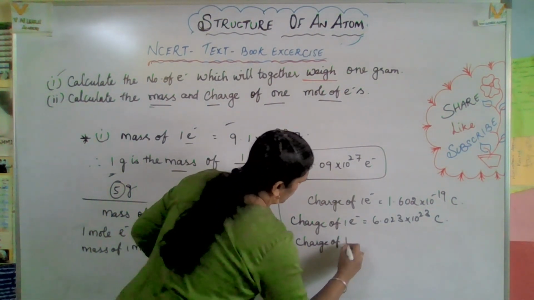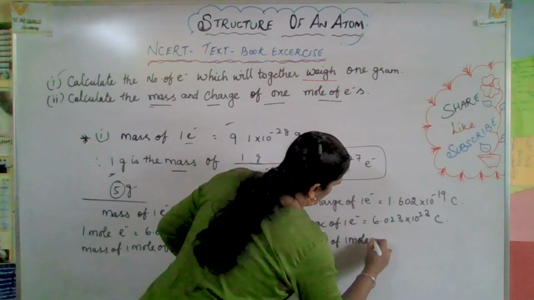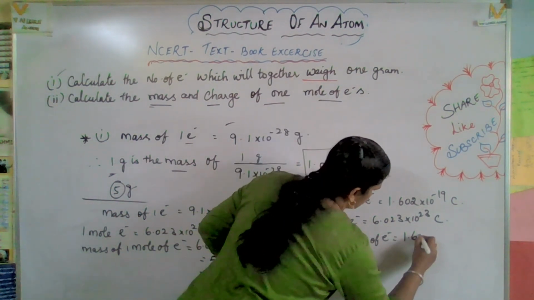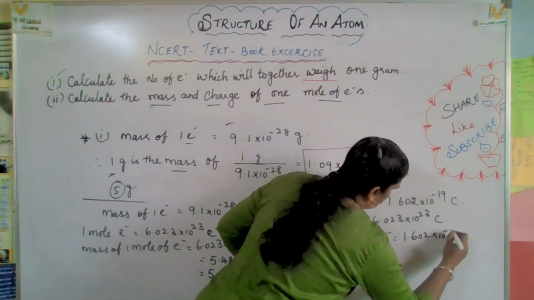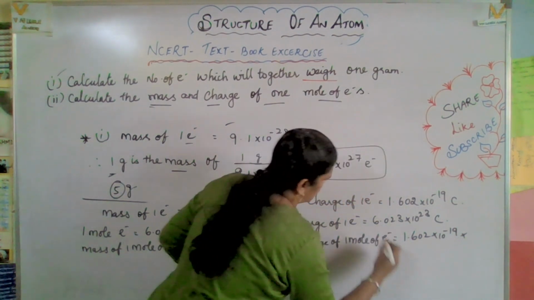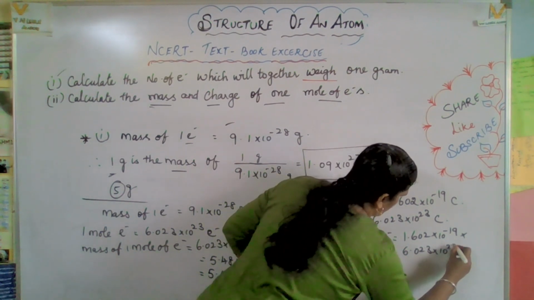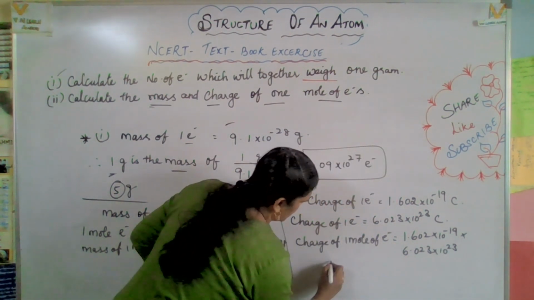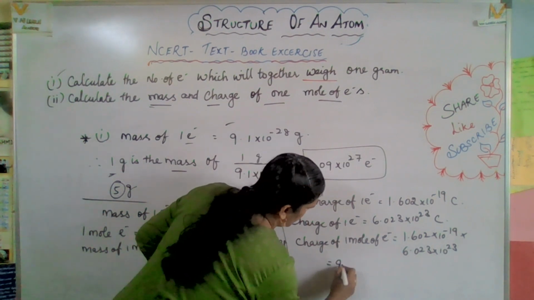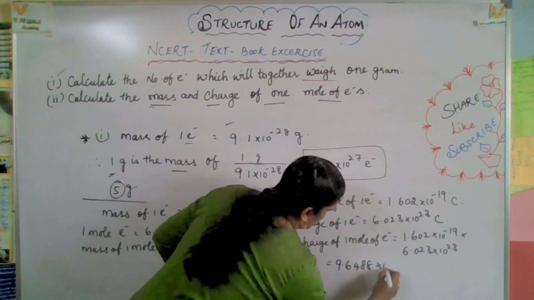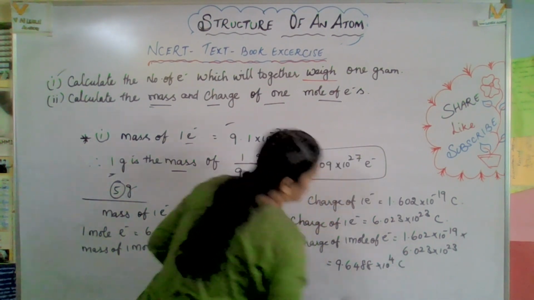How much is it? 1.602 into 10 to the power of minus 19 into 6.023 into 10 to the power of 23. Altogether you will get 9.6488 into 10 to the power of 4 coulomb.